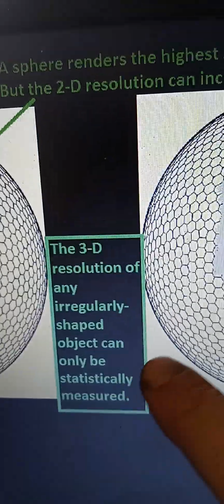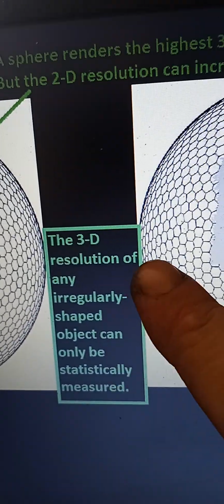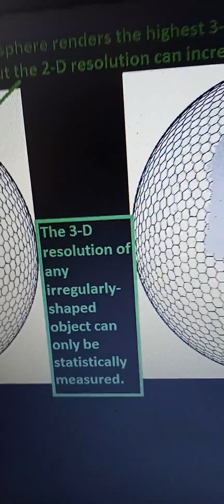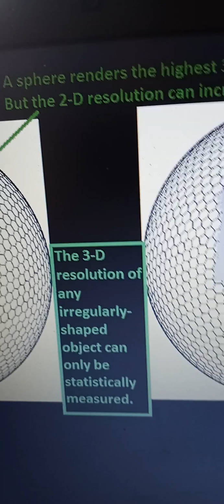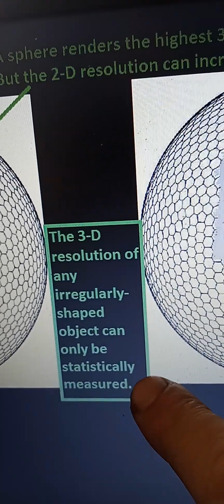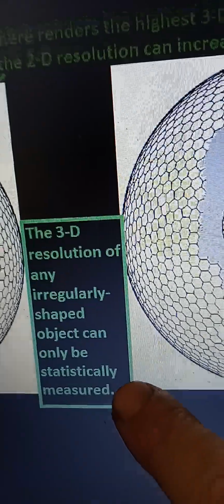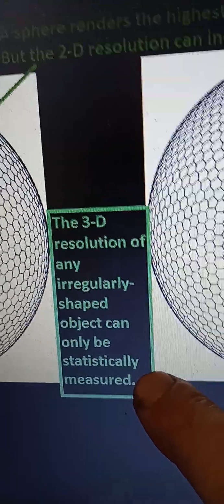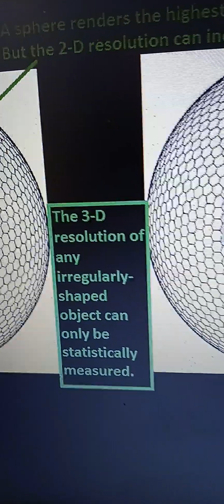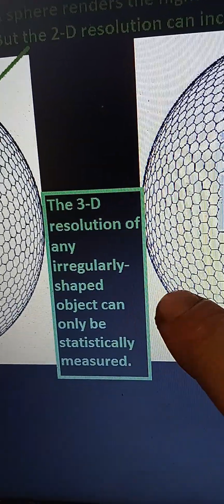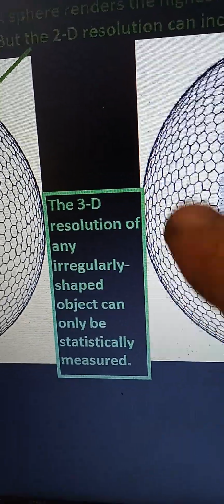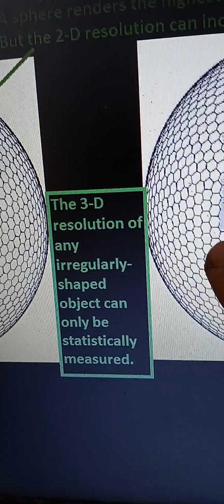For now, I haven't actually discovered how to statistically measure it, but I'm pretty sure it can only be statistically measured because the different rotations of an irregularly shaped object are going to produce different 3D resolutions.